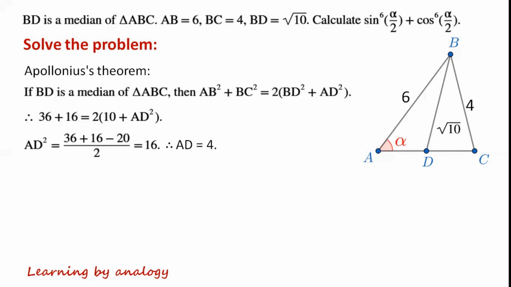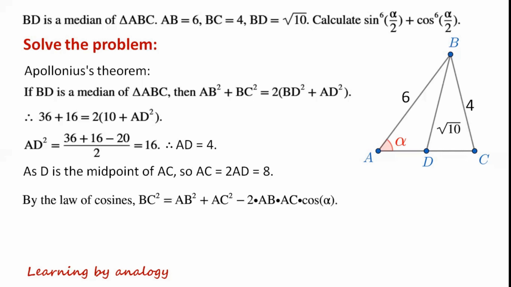Here we take the positive value as a length can't be negative. As D is the midpoint of AC, AC equals 2AD equals 8.